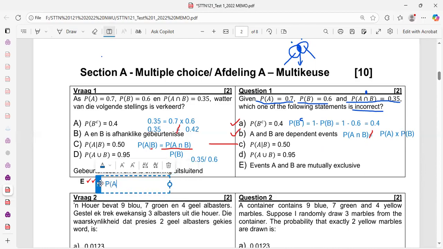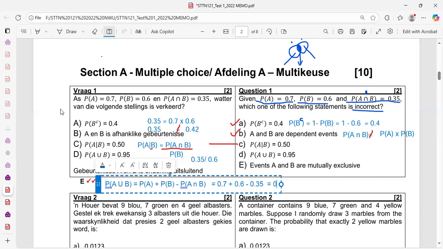The probability of A union B is equal to the probability of A plus the probability of B minus the probability of A intersection B. That is 0.7 plus 0.6 minus 0.35, which gives you 0.95.